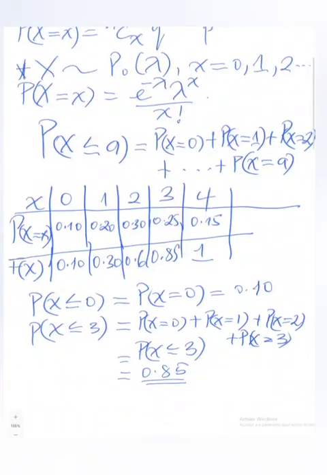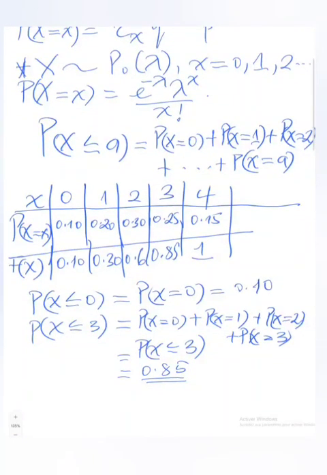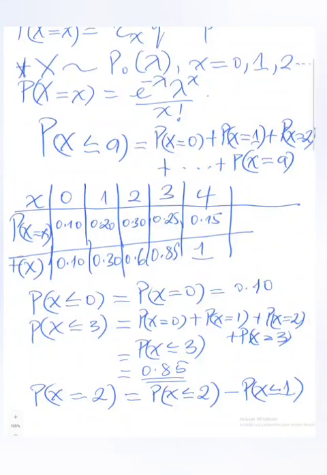0.85 from the cumulative probability distribution table. So in the case where I would need to find the probability that x equals 2, from my cumulative table, I would simply take the probability that x is less than or equal to 2. That means the sum of the probabilities up to and including that of 2, minus the probability that x is less than or equal to 1, the next lower integer to 2.